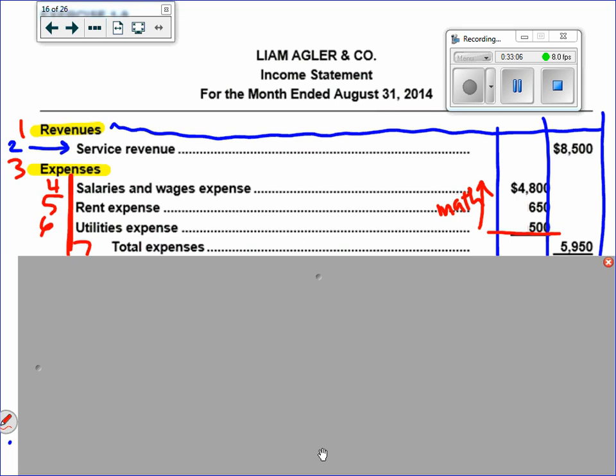Total expenses. What does the single rule mean? Math above. Why do you think we kicked the 5,950 over to the right? It's more of a finalized math number. I see another single rule. Why? Because there's math above.